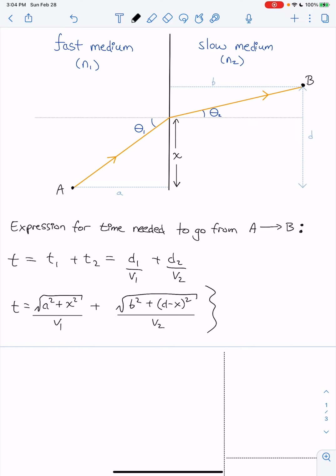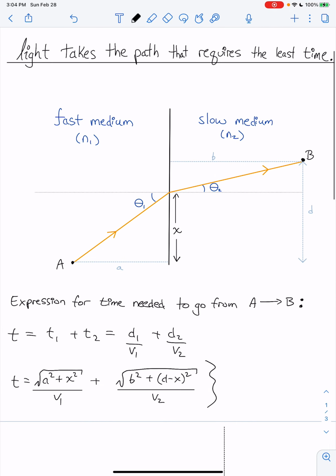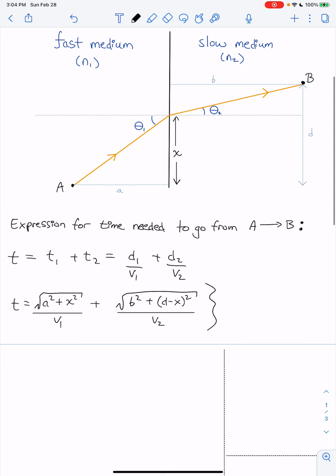Now that we have this expression, which describes the amount of time needed to go from A to B, we want to then find the minimum by taking the derivative.